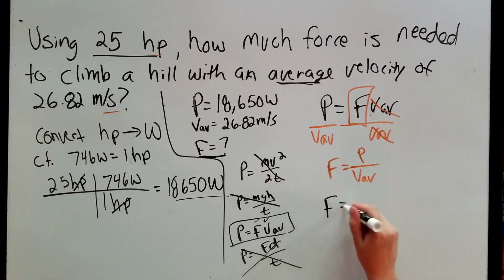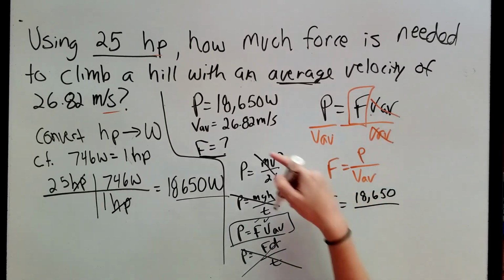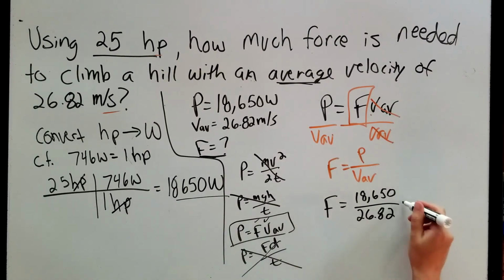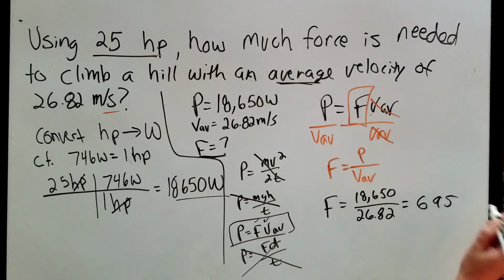So now plugging in, power is 18,650. My average velocity is 26.82. So looking at my significant figures, once I divide those out, I only want 2 significant figures, which is going to prove difficult because I have 695.